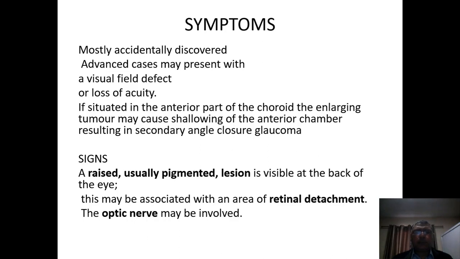If it is situated in the anterior part of the choroid, enlargement of the tumor will push the iris lens diaphragm forwards, producing shallowing of the anterior chamber and secondary angle closure glaucoma. The signs of malignant melanoma include raised pigmented lesion in the fundus. It may be associated with retinal detachment and optic nerve involvement.